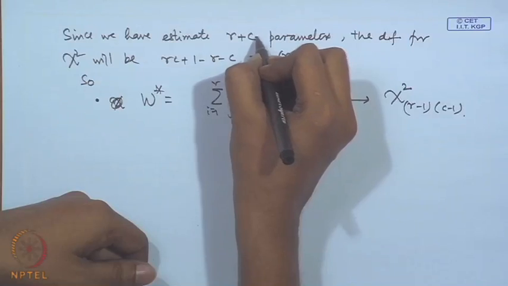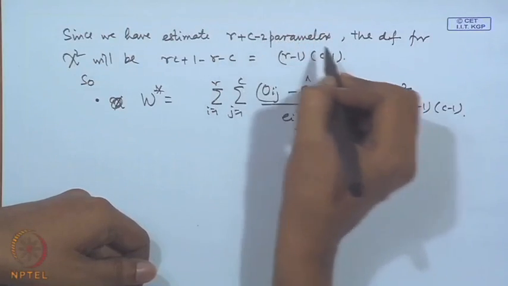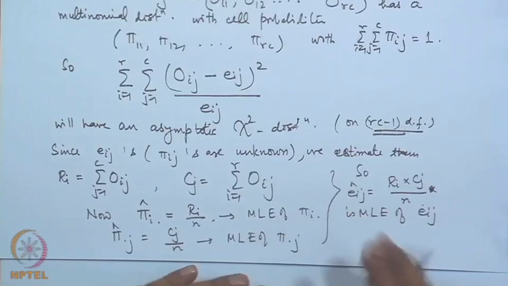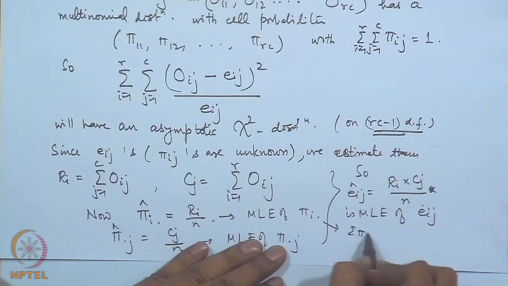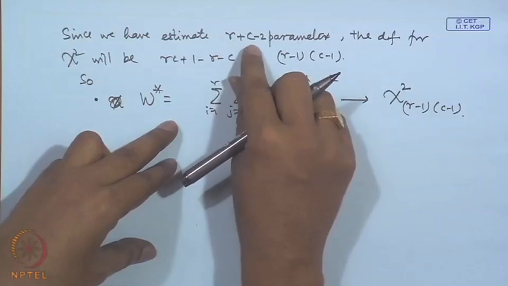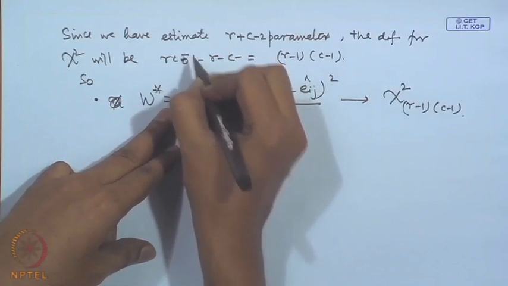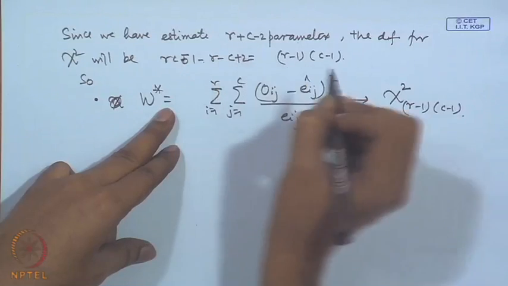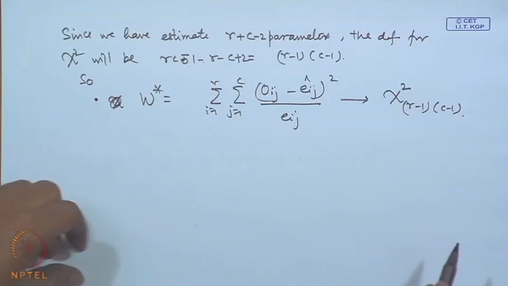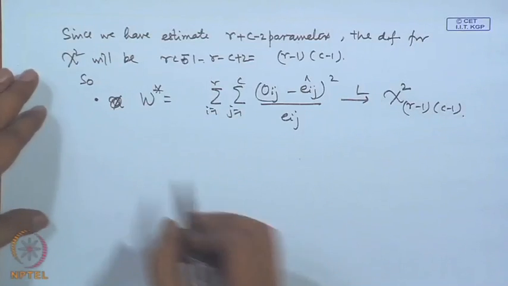This is actually minus 2 here. The reason is that the total is going to be 1. We are getting sigma pi I dot equal to 1 and sigma pi dot j equal to 1. So, the last two parameters are not estimated. Okay. So, we have estimated R plus C minus 2. So, this is R C minus 1 minus R minus C plus 2, that is R minus 1 into C minus 1 here. So, asymptotically this will have this distribution.